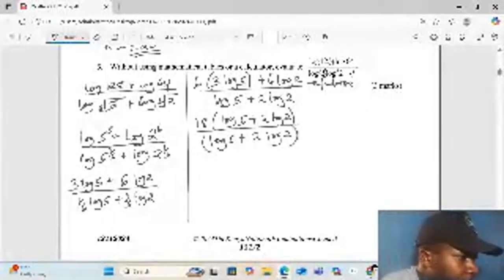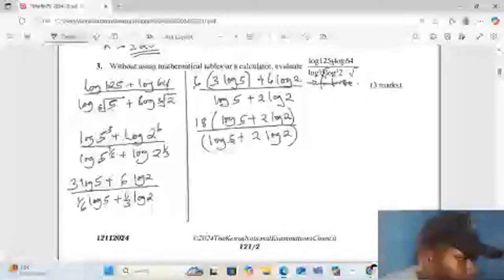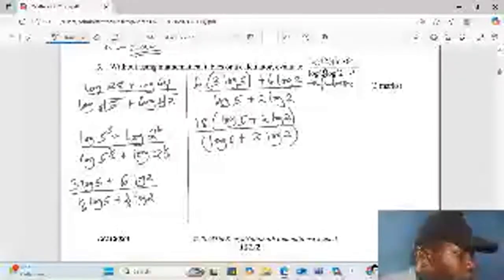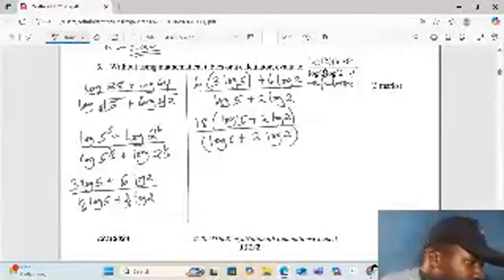Now, up to here, you can see we have log 5 plus 2 log 2 on top, and log 5 plus 2 log 2 at the bottom. Therefore, this cancels. Log 5 goes with log 5, and 2 log 2 with 2 log 2.